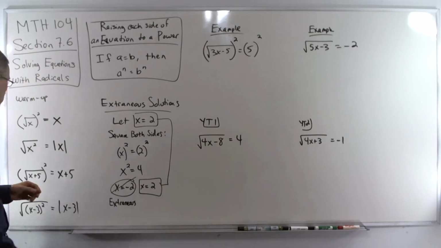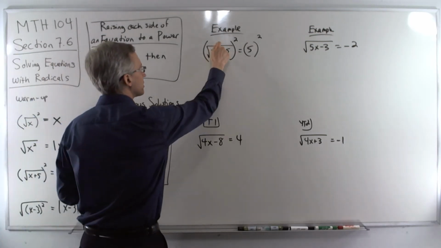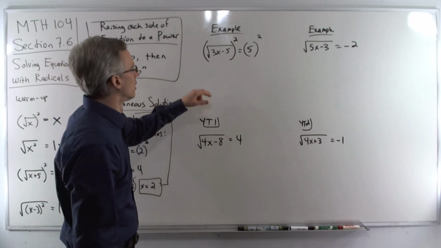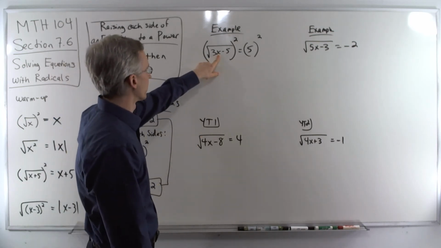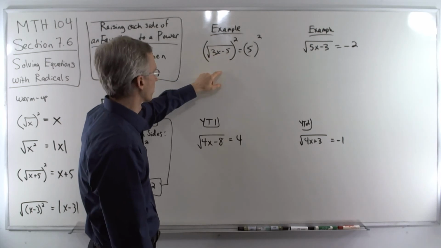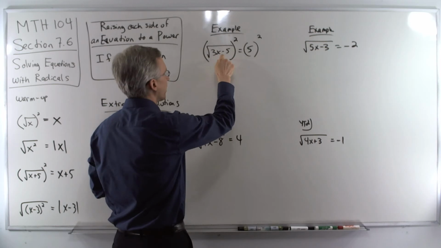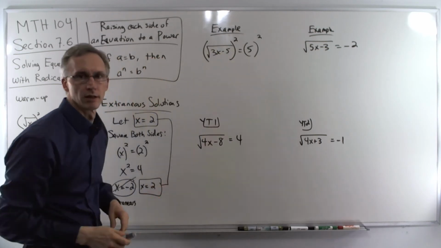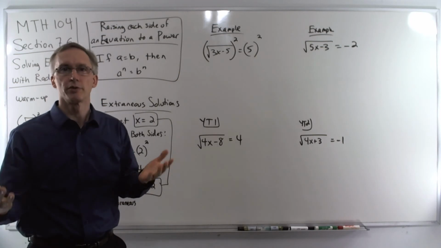Now, why is this different than this one? The difference is the radical. Let's say we plug in a value here so that we get a negative number underneath the radical. We could plug in negative 1 here. That would give us negative 3 minus 5, or negative 8. But the square root of a negative number isn't a real number.